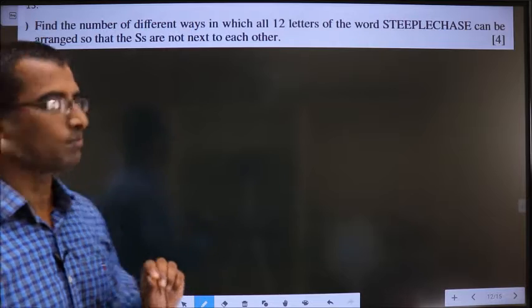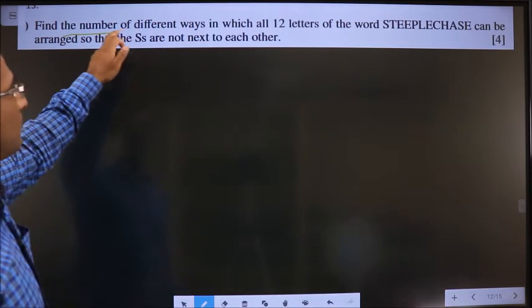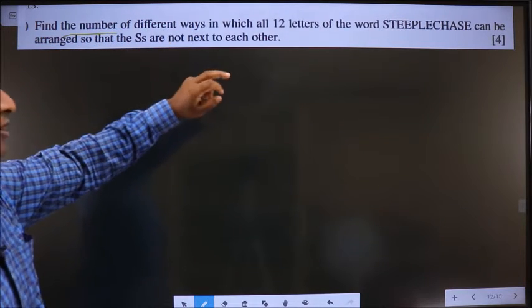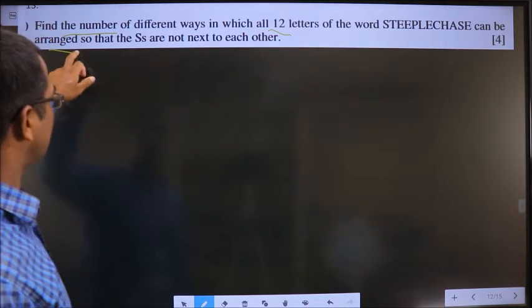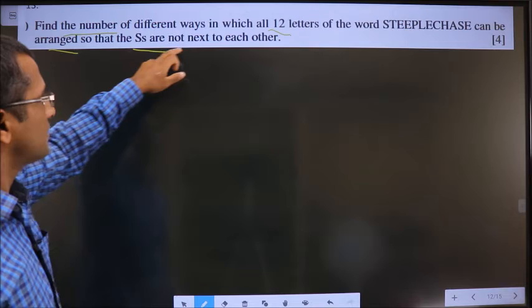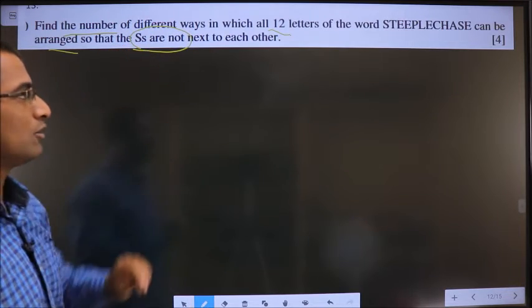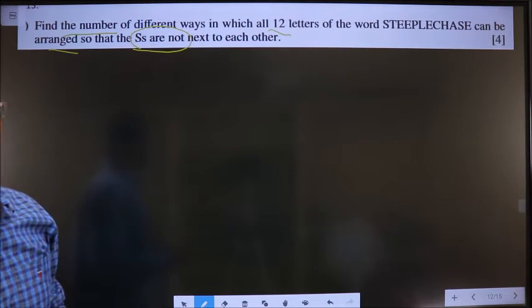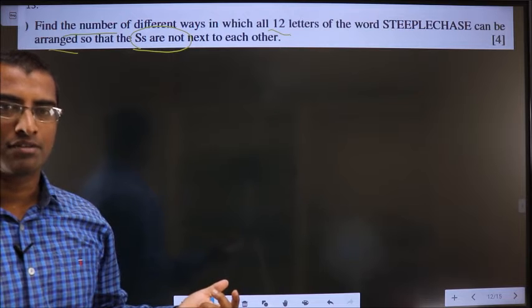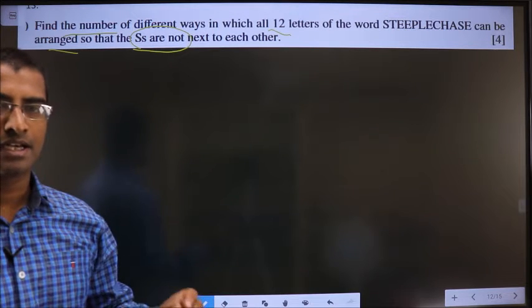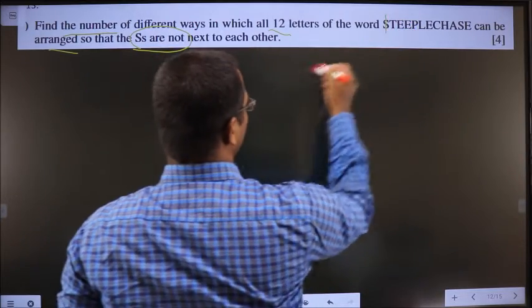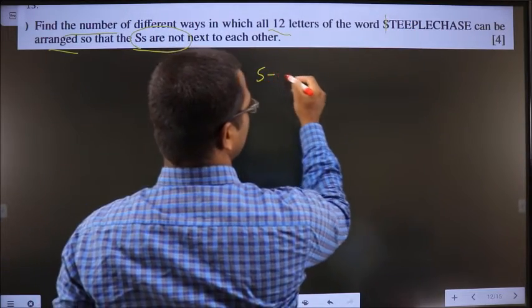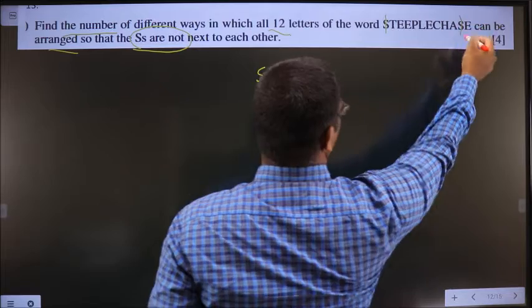Question 2. Find the number of different ways in which all 12 letters of the word can be arranged so that the S's are not next to each other. Whenever you come across a word, write how many times each letter has come. Starting with S. S is present twice.